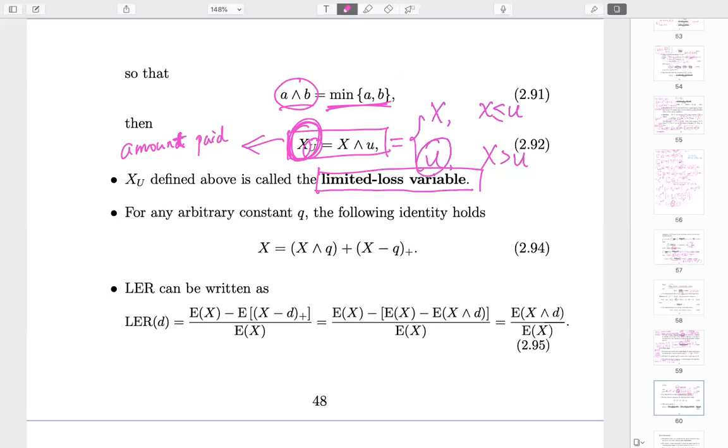For an auto policy, it could possibly result in a huge bodily injury. Let's say you drive a car and hit a tourism bus. It could easily have 50, 60 people on board, right? If you run them over, it's going to cost several million dollars, right?